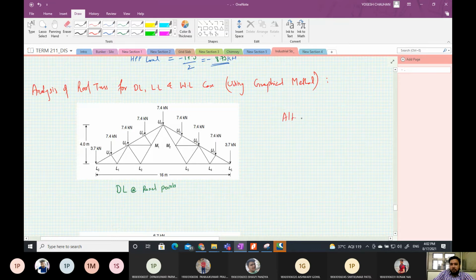An alternative method for dead load and live load: draw unit panel point load, and for this unit load you draw the scalar and vector diagram.